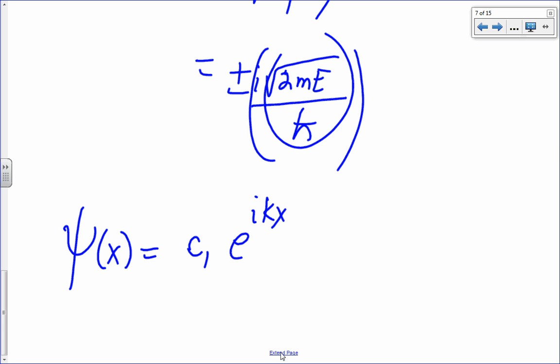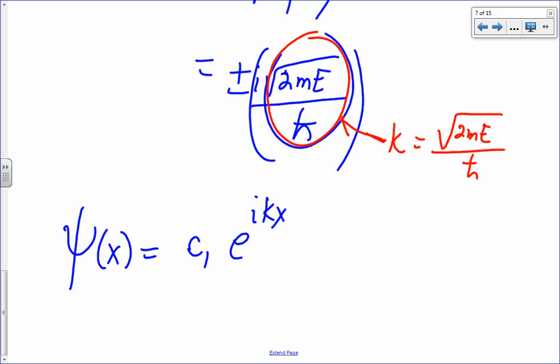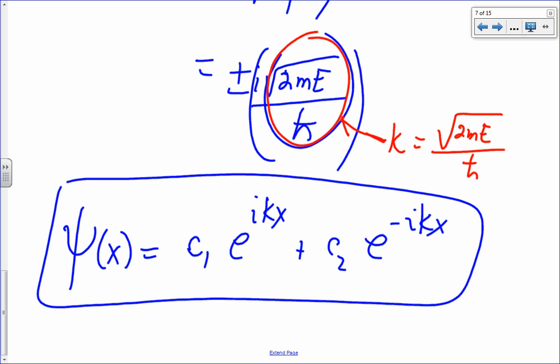I'm getting lazy, so I'm just going to call this one k. k is square root of 2mE over h bar, plus c2 e to the negative i kx. Okay? And so that is your general solution to the Schrodinger equation for a free particle. And since it's a free particle, there's no restrictions on it. That's the solution.